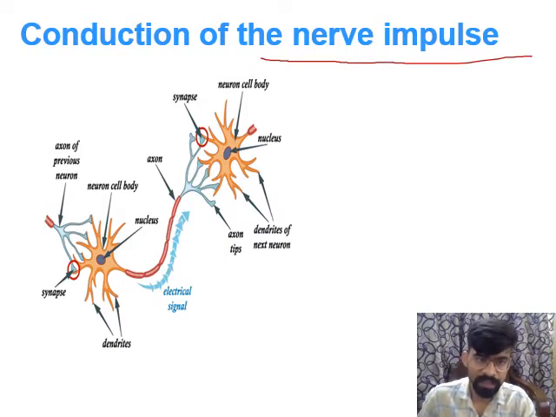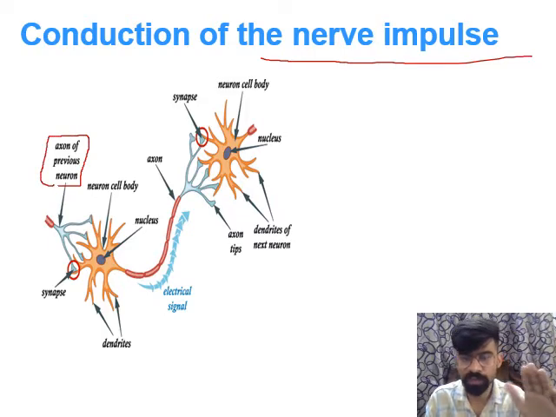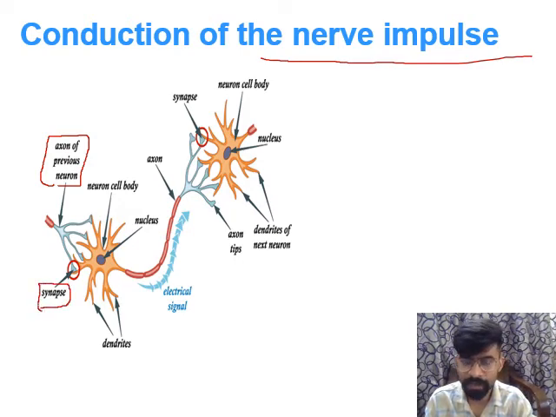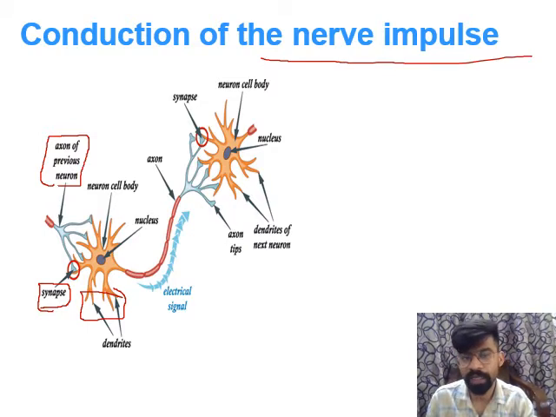You can see here, this is the axon end of the previous neuron. Previous neuron means the last neuron, and through the synapse, which I'm showing in the box, this message will reach towards the dendrite. Through the dendrite, it will travel towards the cell body, and then, as you can see with the blue arrow, the electric signal travels through the axon ending.